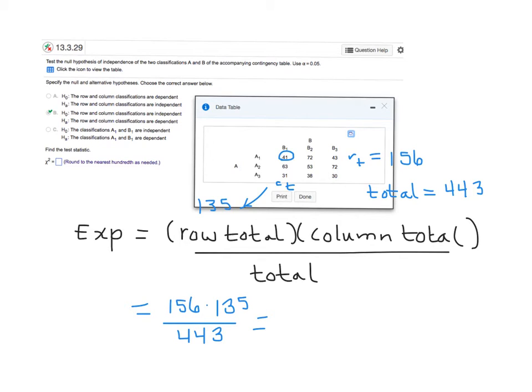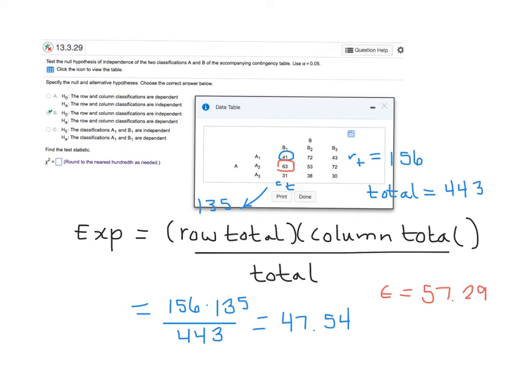But in our case here, our expected number in row 1, column 1 would be about 47.54. Now just to check, I'll give you a couple more. Row 2, which is labeled A2, column 1, your expected counts would be equal to 57.291.